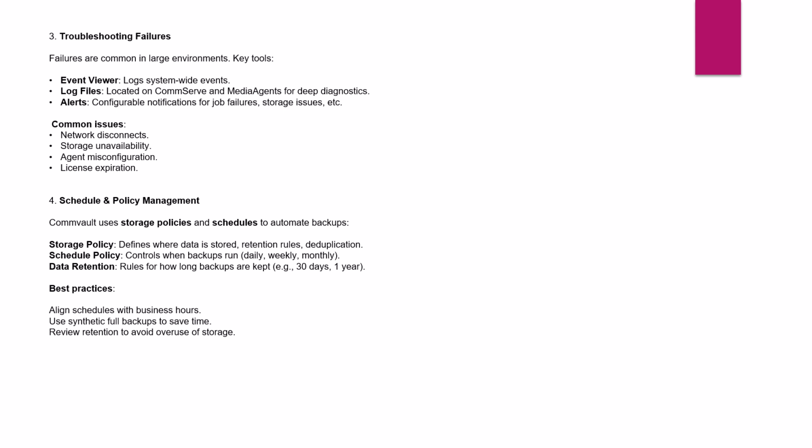For this, there is a report you can generate. Generally you log into the CommServe and fetch that report, find out how many jobs failed in the last 24 hours, and check why they are failing. Generally the failure descriptions appear there.